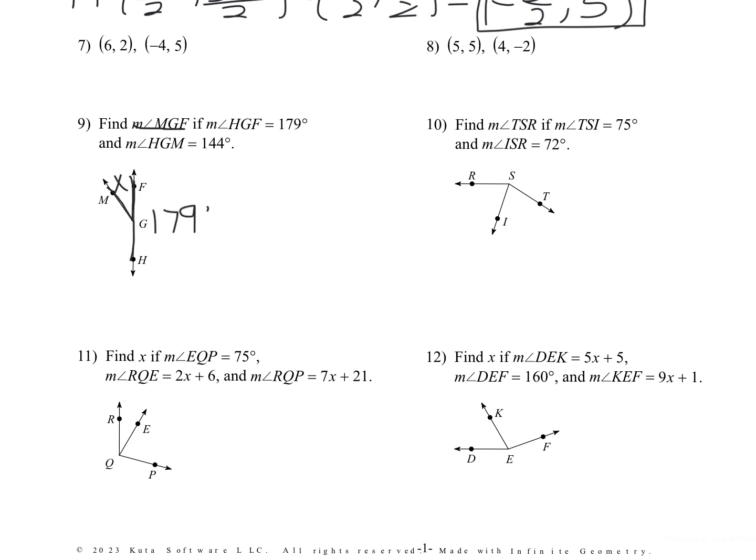And then it says HGM, which is here, is 144. So what do you do? Just minus those, right? It gives you the whole thing and a part. So when it gives you a whole and a part, subtract. 179 minus 144 gives you 35 degrees.